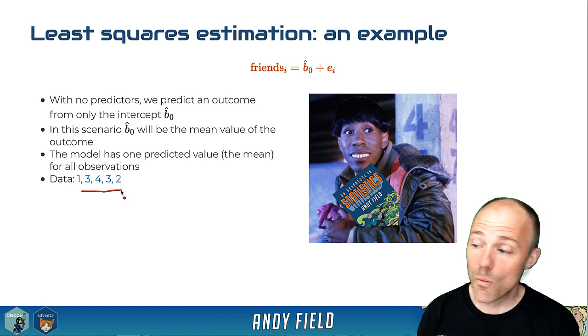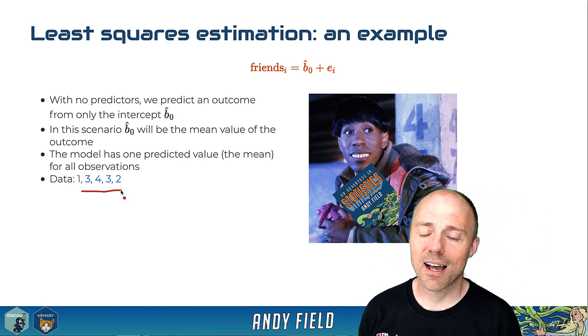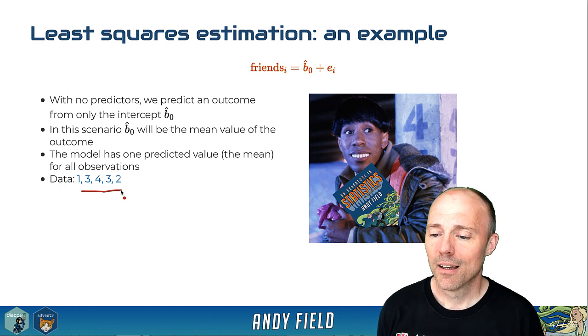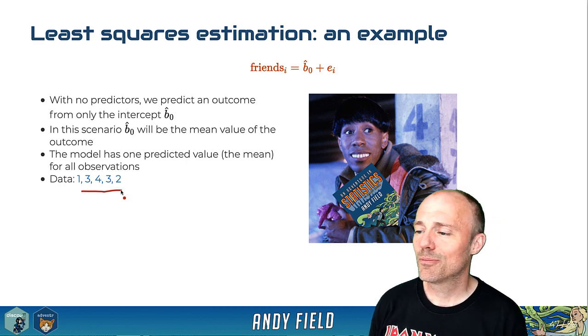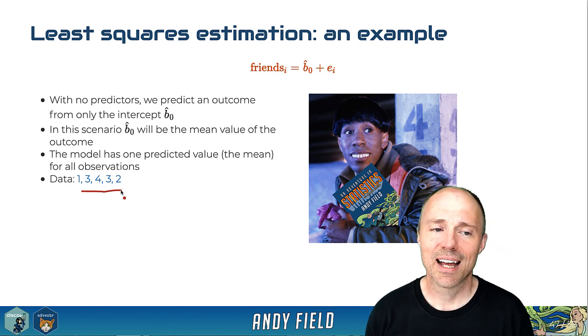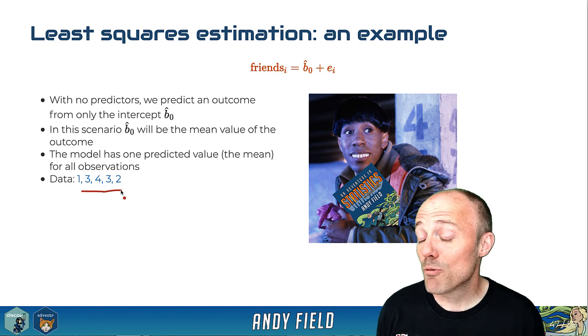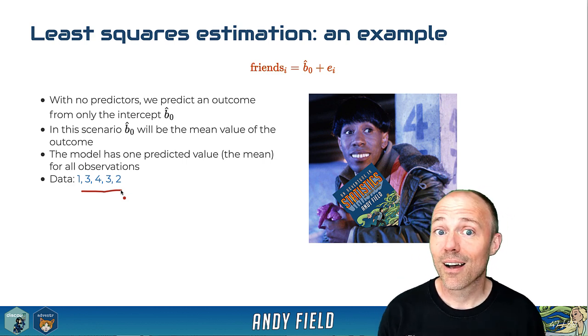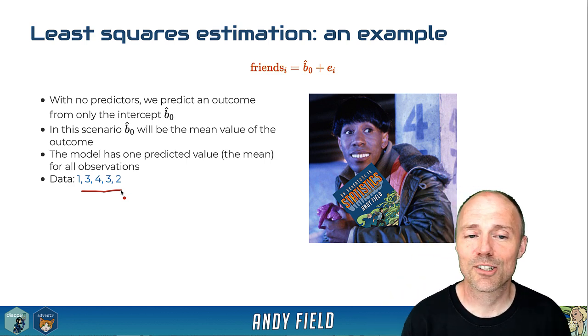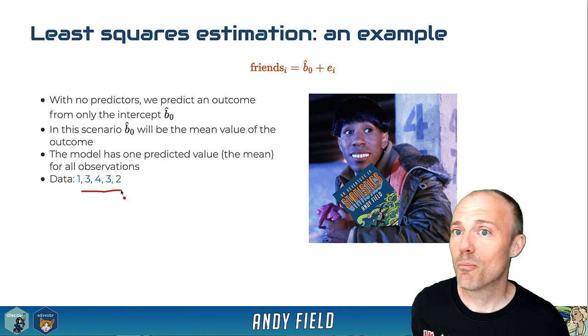And someone comes up to us at a party and says, how many friends do you think I have? And we happen to know they're a statistics lecturer. So if we knew the mean number of friends that statistics lecturers have, we could use that as a predicted value, or a sort of best guess.